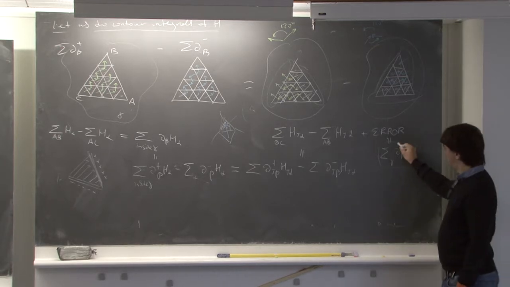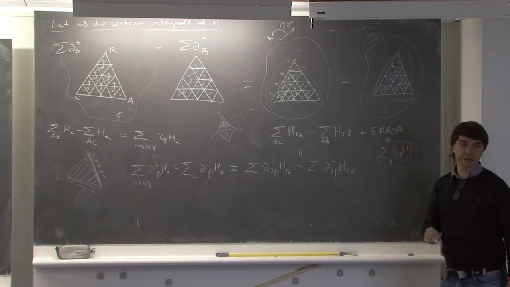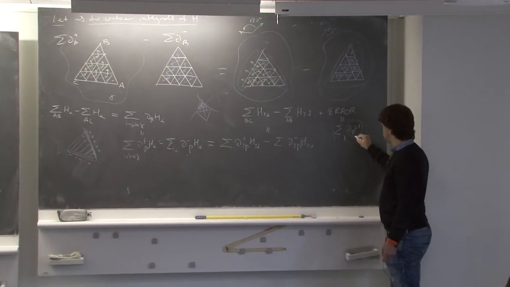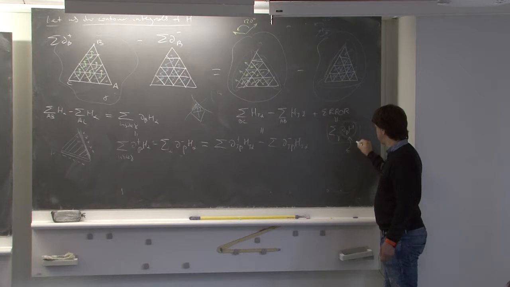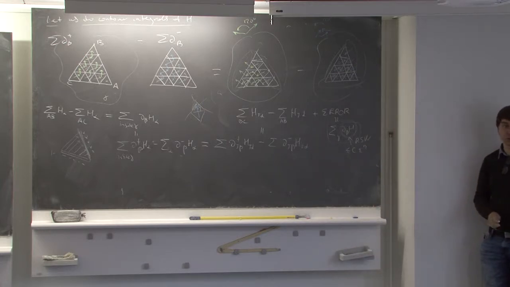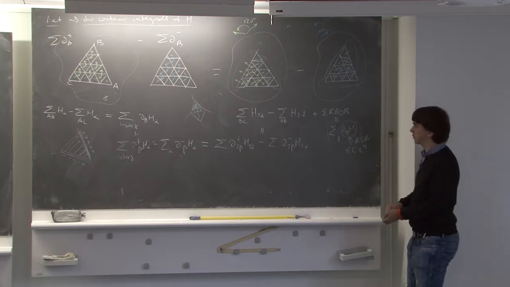And we know that these three-arm events, by Russo-Seymour-Welsh, have small probability. So this is at most, by Russo-Seymour-Welsh, a constant times lattice mesh to some small power. So it's something small by Russo-Seymour-Welsh, only summed over the length of the contour.